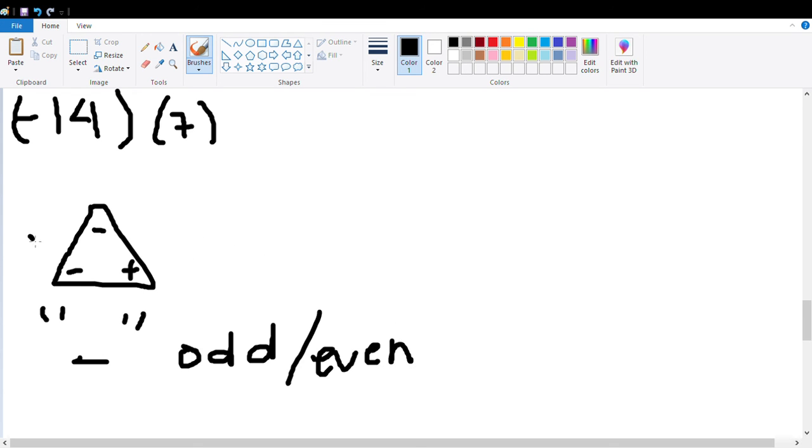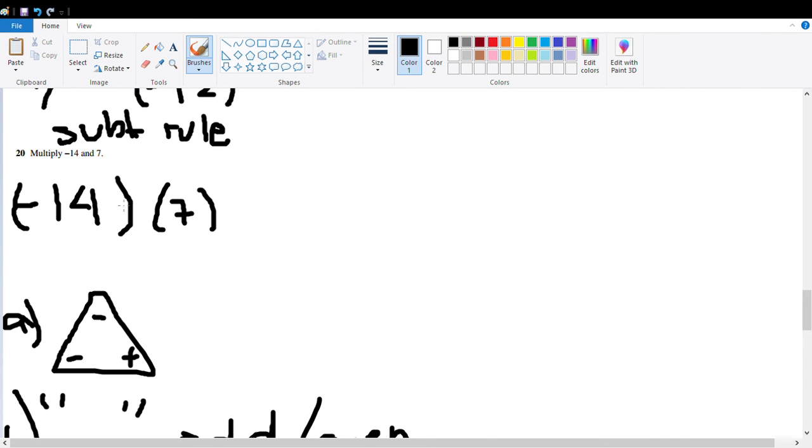So our first rule is, if you like the triangles, do the triangle. So we have one negative and one positive. So let's circle that. One negative, one positive. So we are left with a negative answer. So our answer is negative.